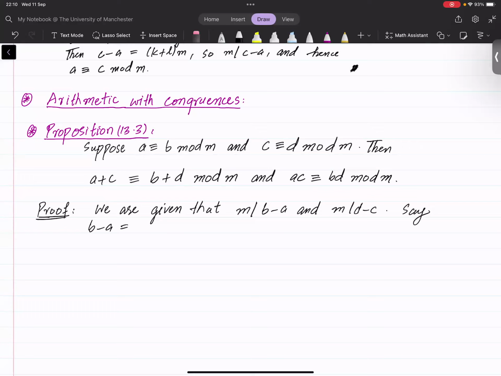Now say that b minus a is some k times m, and d minus c is some l times m, where k and l are some integers.